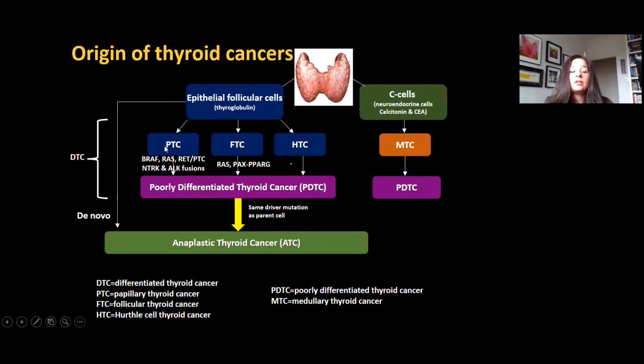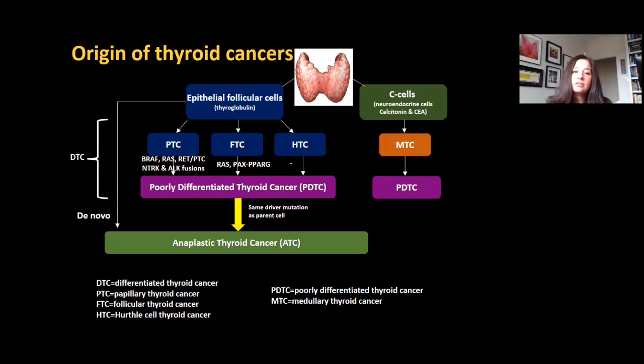When those tumors acquire more mutations, they might start out, for example, with a BRAF mutation, but then as time passes, they can acquire new mutations such as TERT promoter mutation and P53. Then they become more aggressive. They start looking less and less like the parent cell from which they derived, and we call those poorly differentiated thyroid cancers, an intermediate step.